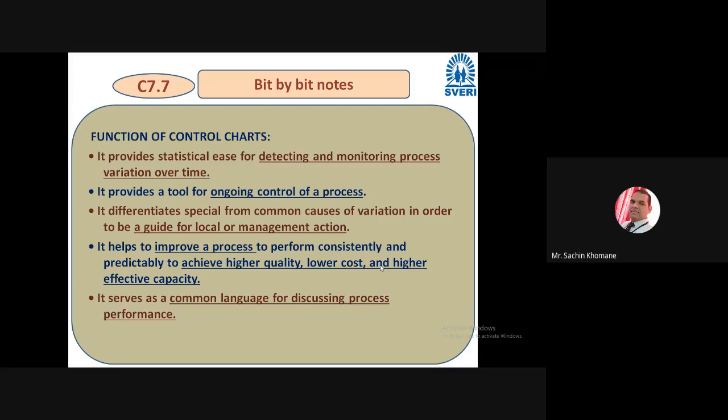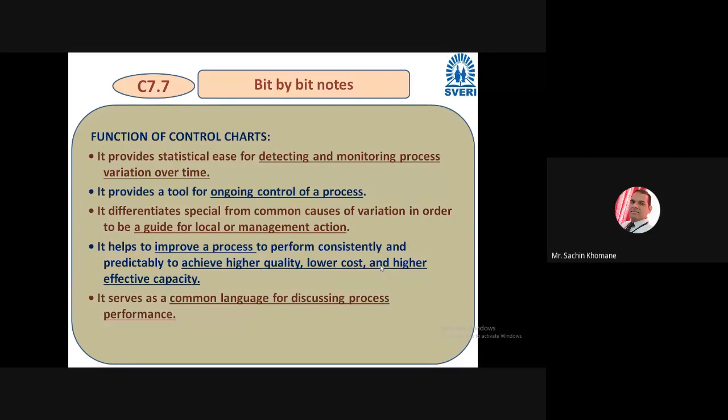That is the significance, or you can say the importance, or function of this control chart. What is the function? Detecting and monitoring the process variation over time, continuously. If you want to monitor and detect the process continuously, the control chart is a very important tool.